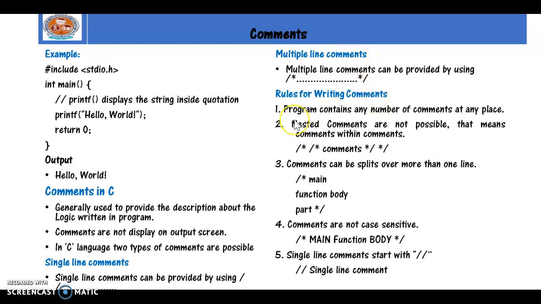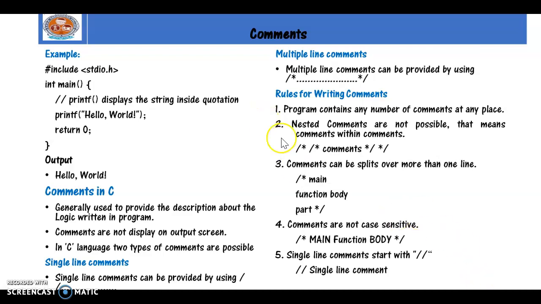Then coming to the rules for writing comments, right, we cannot write comments as we wish. There are some rules that we need to follow. When we write a program, we can write comments anywhere, either in the documentation section, in our main program, or in a user defined function. It is according to your wish. Writing comments within comments is not possible.